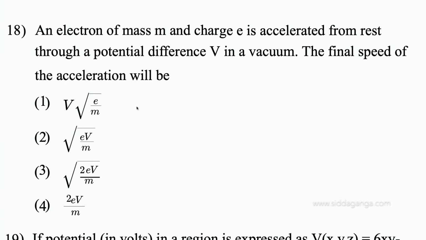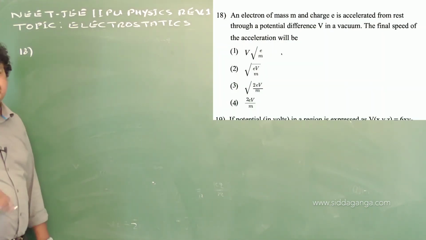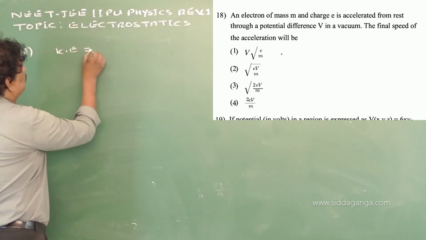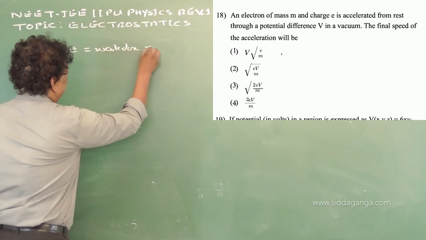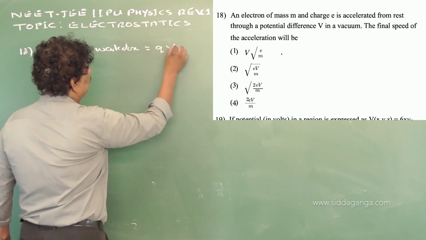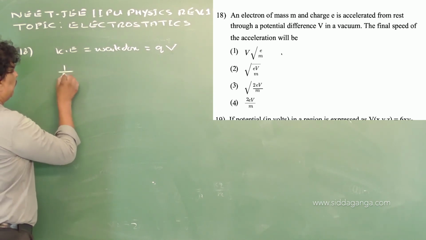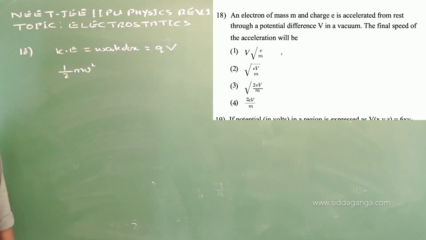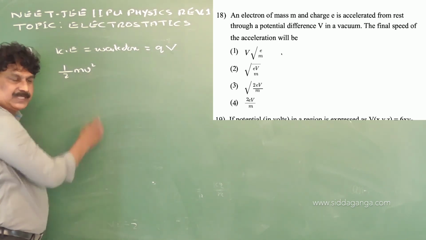Now, when a charged particle moves under a potential difference in an electric field, the kinetic energy acquired by the charge is equal to the work done on the charge, that is, charge times potential difference. Here, if m is the mass and v is the velocity, then the kinetic energy acquired by the electron of mass m is half m v square.